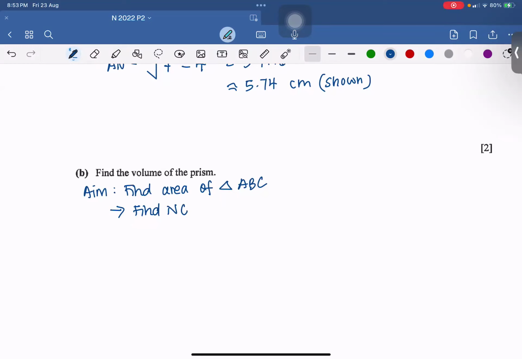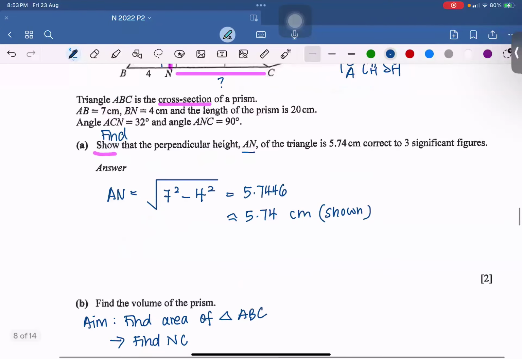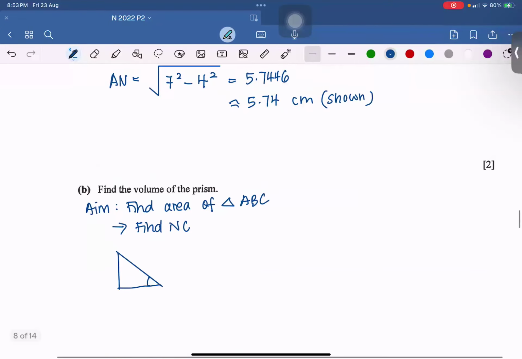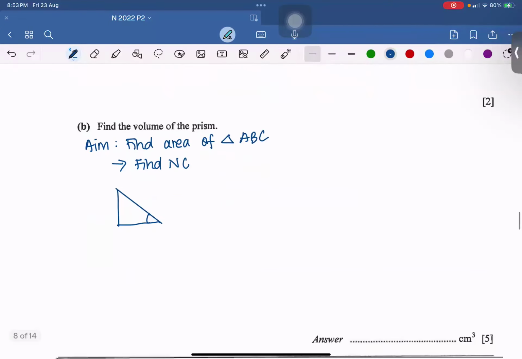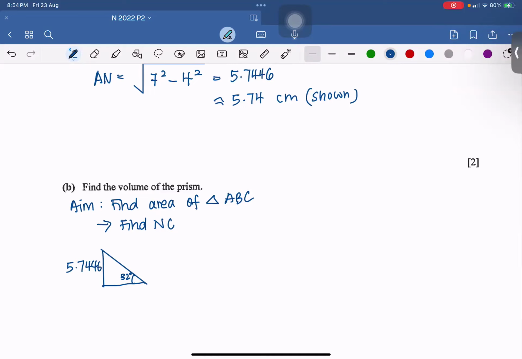Oh, tangent. Right. Is it tangent? Yeah, I don't know. So I have my angle over here, 32, and my side opposite to me, 5.7446. This is the side opposite. I need to find NC.